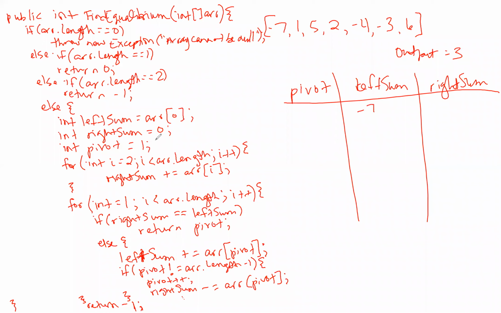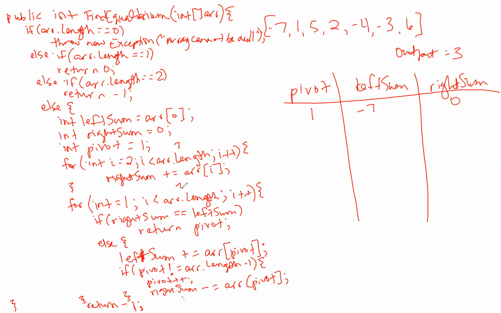Right sum, we're going to start at 0, which will be changing soon, and the pivot starts at 1. So we go into our first for loop where i equals 2 and i is less than array.length, and the length of our array is 7. Okay, we'll just make a note of that.